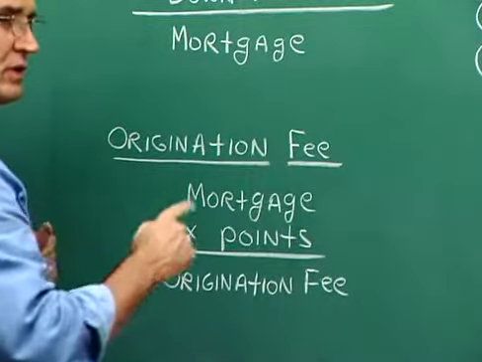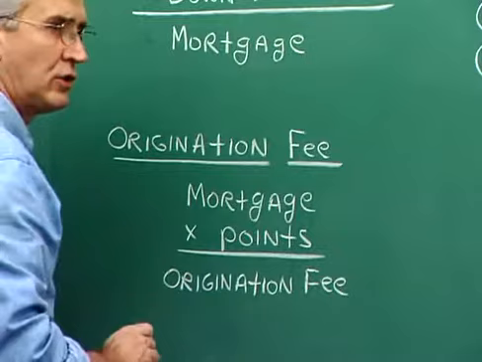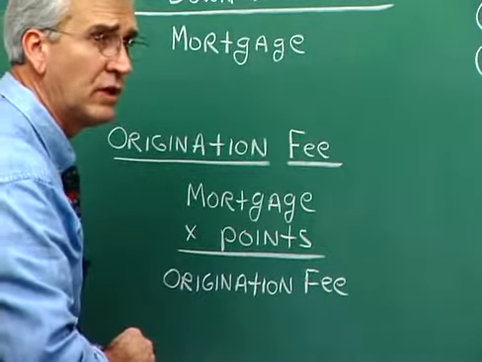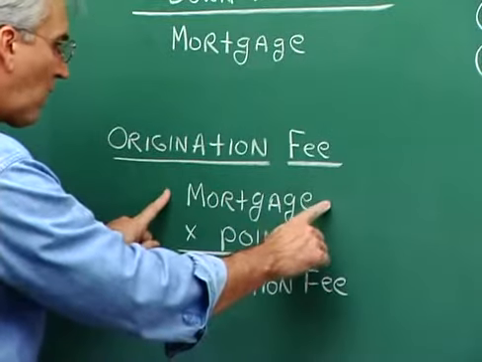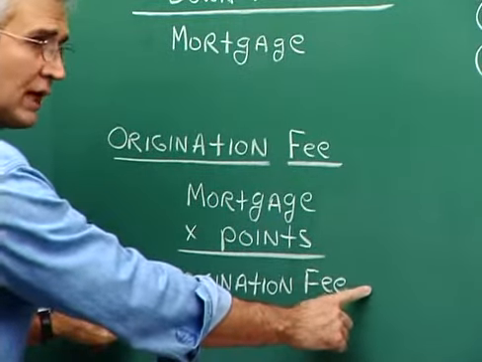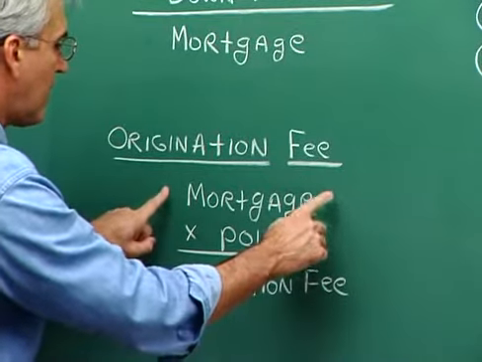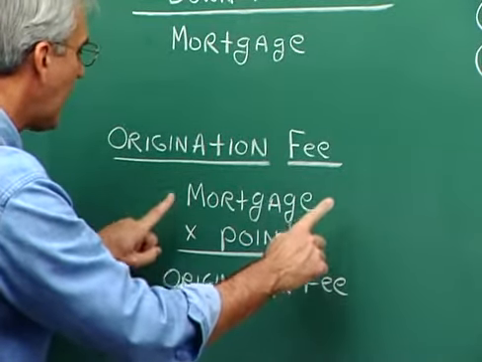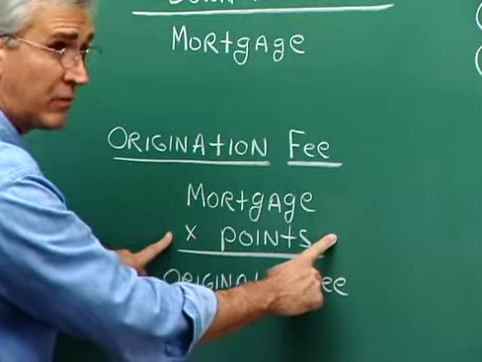Now, the percent is actually called points. When a bank says, we charge 3 points origination fee, what that means is that they charge 3% of the mortgage as their origination fee. So the origination fee is calculated by taking the amount they're willing to lend to you and multiplying by the number of points as a percent.